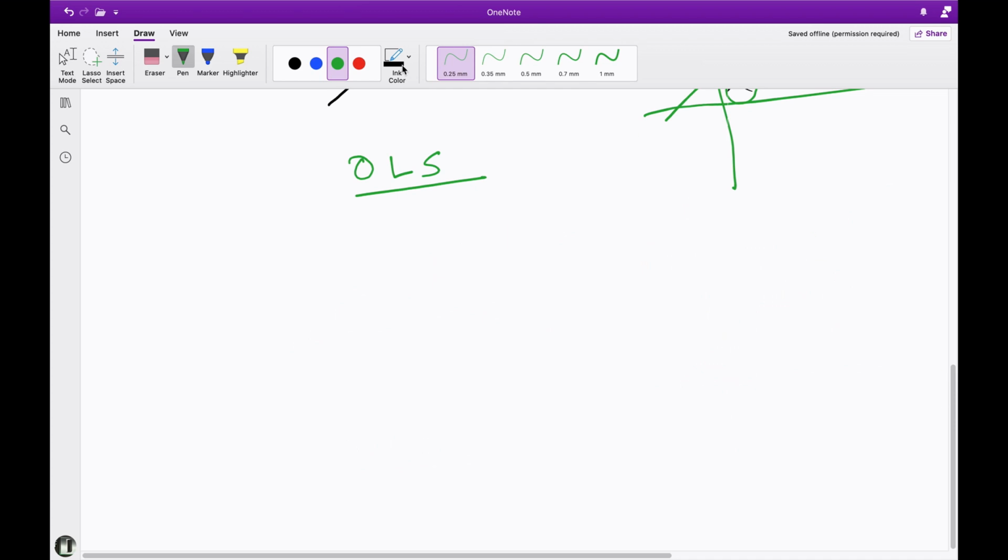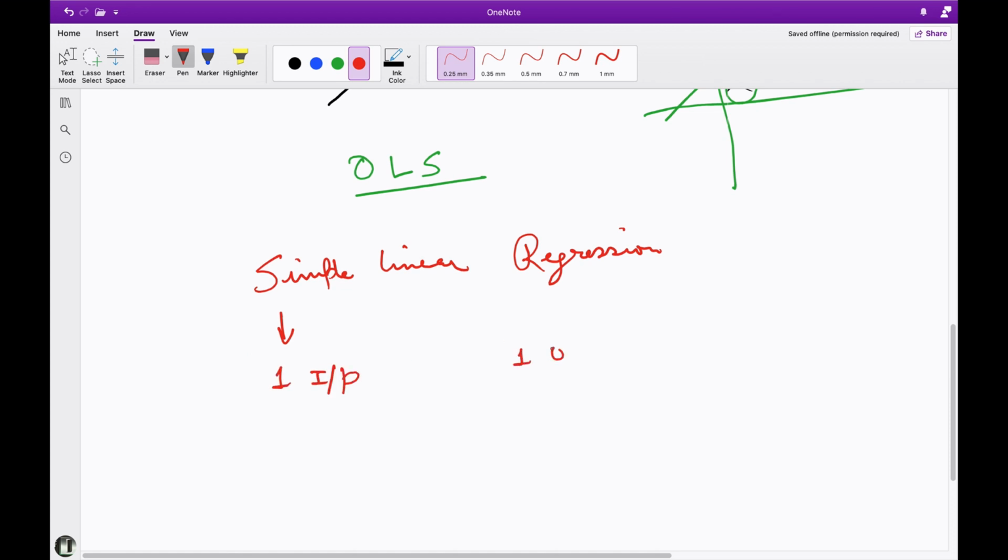Now when I talk about simple linear regression, that means in this regression there will be only one input and one output, and there will be a linear relationship between the input and output variable. So these are the two conditions for simple linear regression.